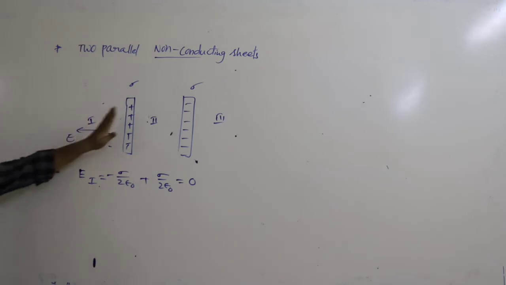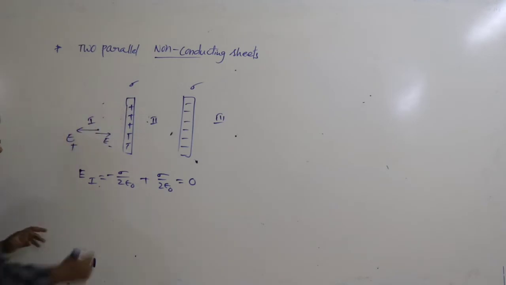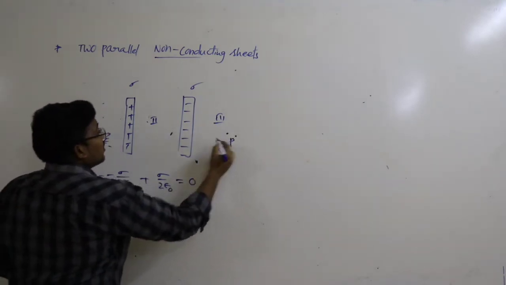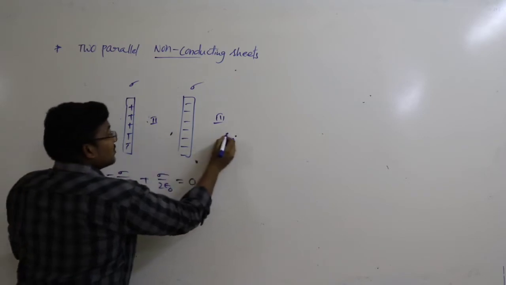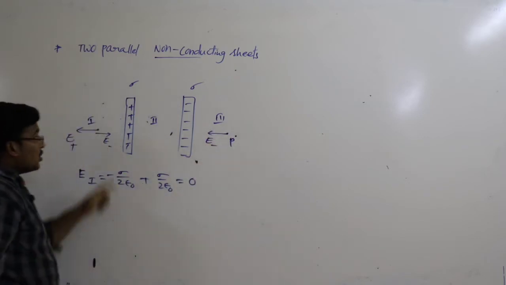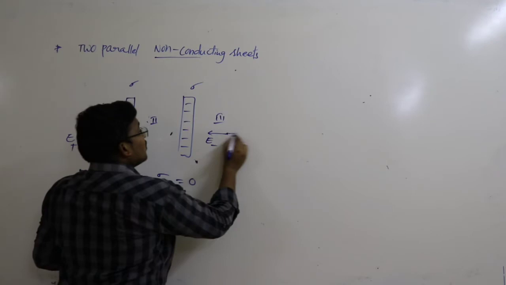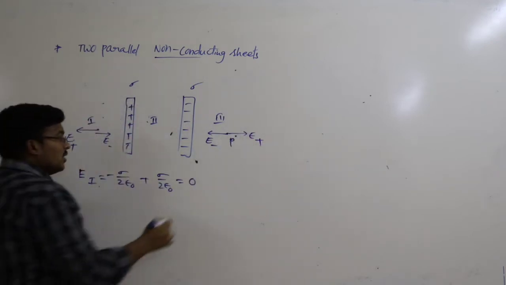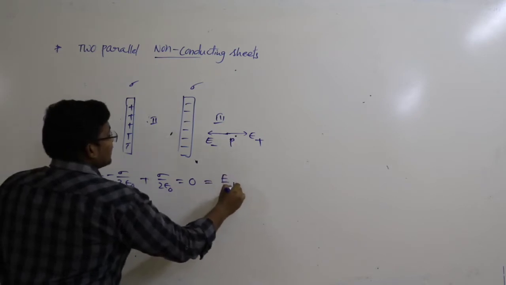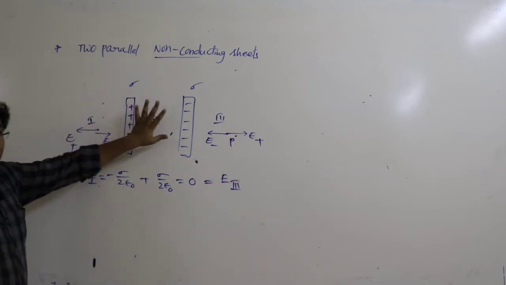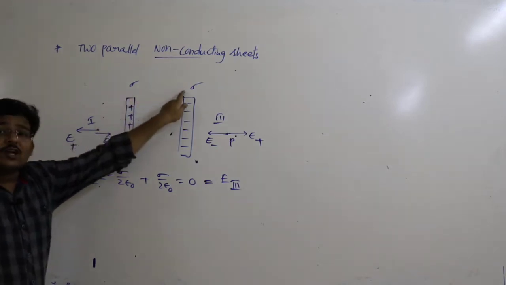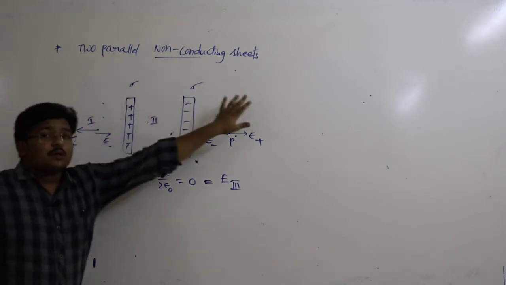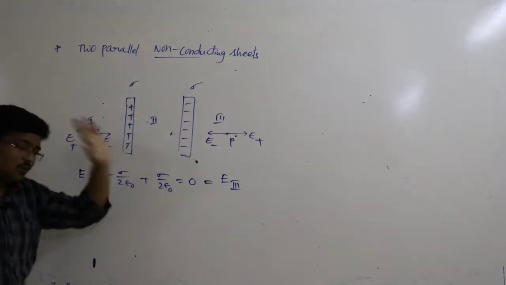Means out of the plates, take the same thing in the third region, where this negative charge will attract it, so the field will be like this. Due to positive, the field is away, this is E due to plus, and they cancel each other. So that is why I can say that the electric field for equal and opposite charge densities outside of the plates will be 0.